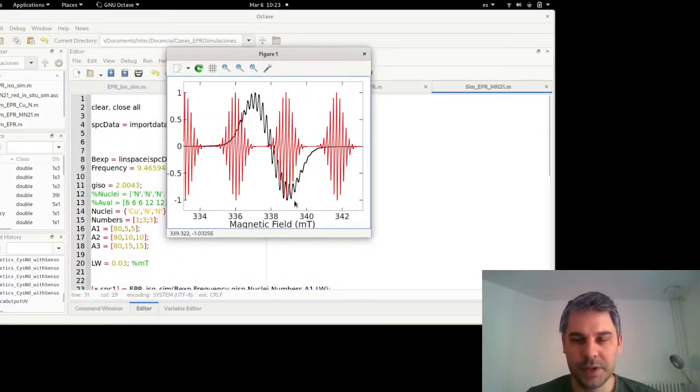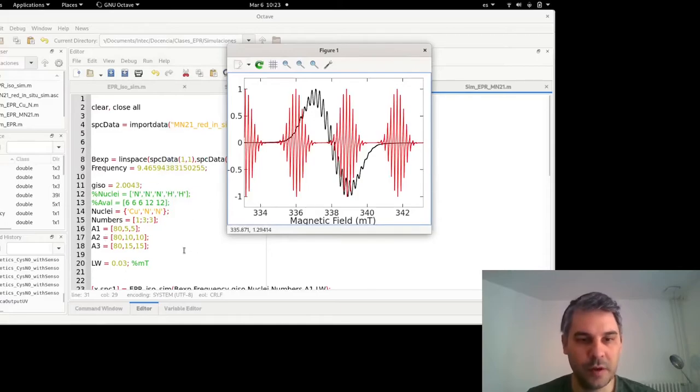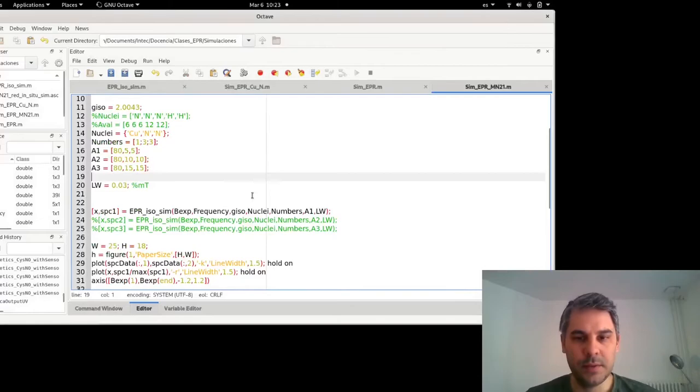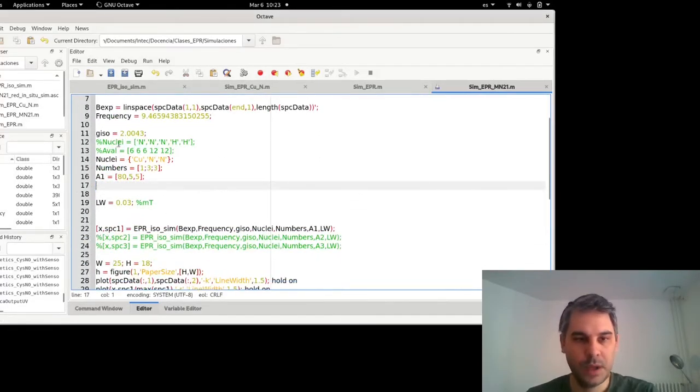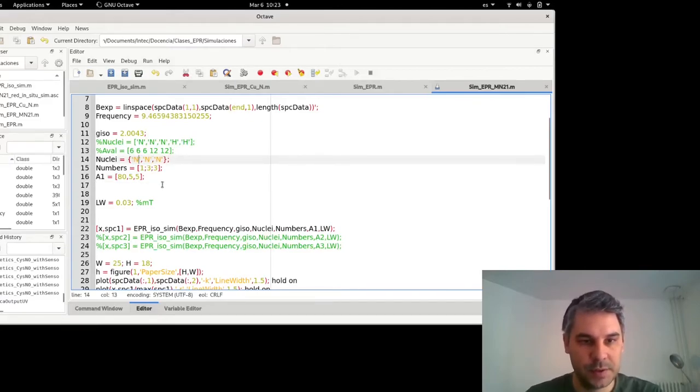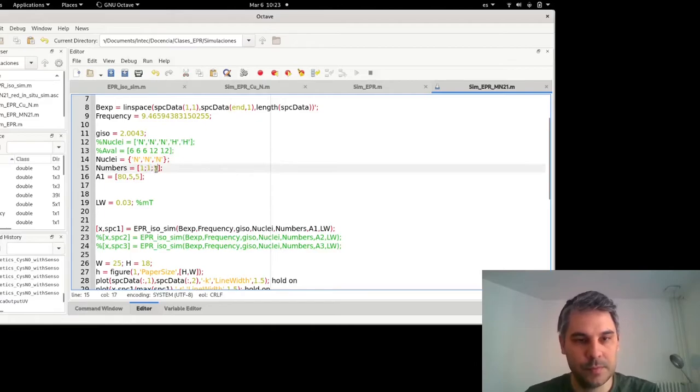The black spectrum is the experiment, and the red is the simulation that basically comes from one of the older numbers. So I'm going to rewrite all this. So I know that in this molecule there are 3 nitrogens and there are several hydrogens. So I'm going to first start with the nitrogens.